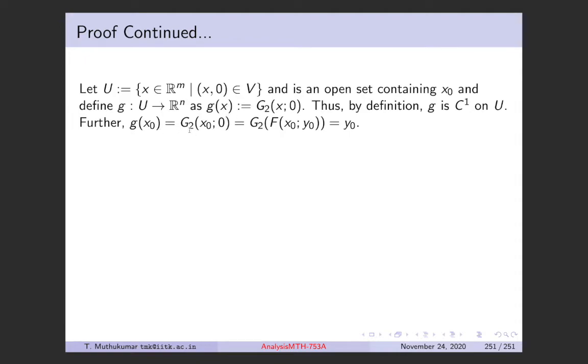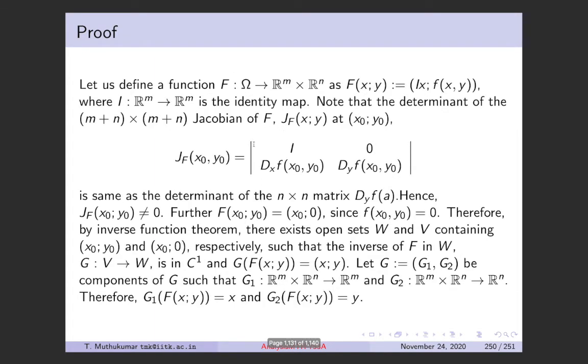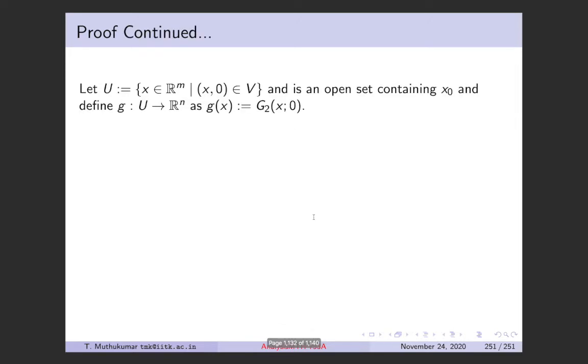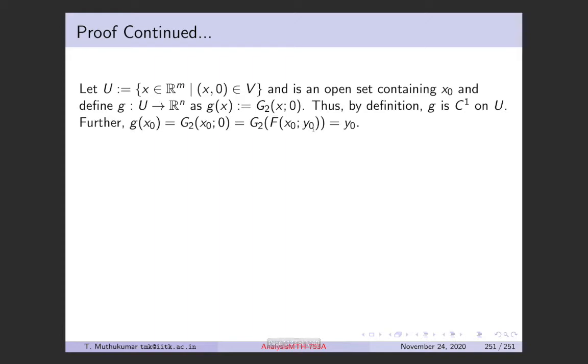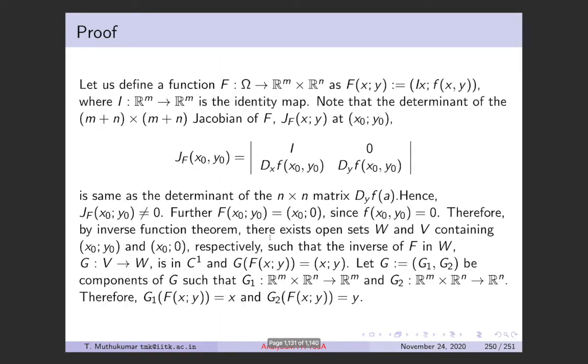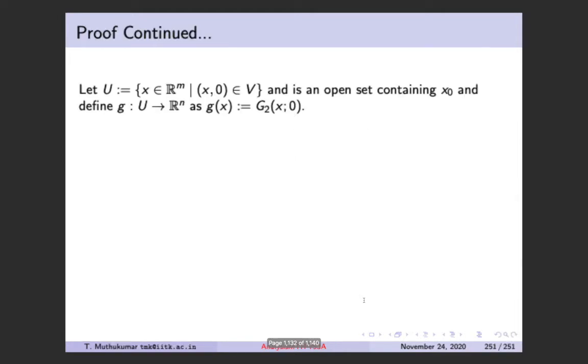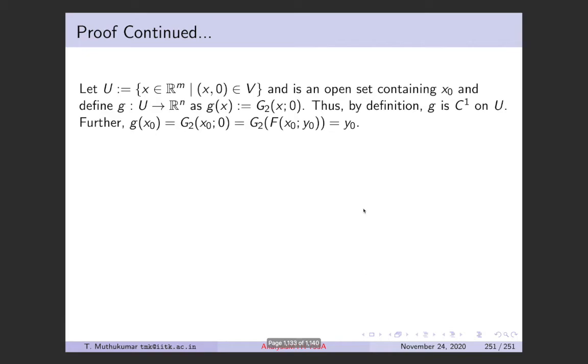And what is (x0, 0)? (x0, 0) was the image of (x0, y0) under F, right? F of (x0, y0) is (x0, 0). So (x0, 0) is replaced by F of (x0, y0), which is nothing but y0 by what we have observed here. G2 of F of something is the second argument, which is y0 here. So g of x0 is y0.